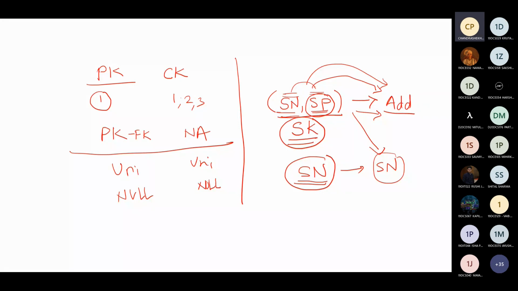Just I will tell you what super key means. When we combine any two attributes, that is a super key. But in the case of a composite key, we make it a primary key when the primary key is made up of more than one column. Primary key is unique and it is not null.